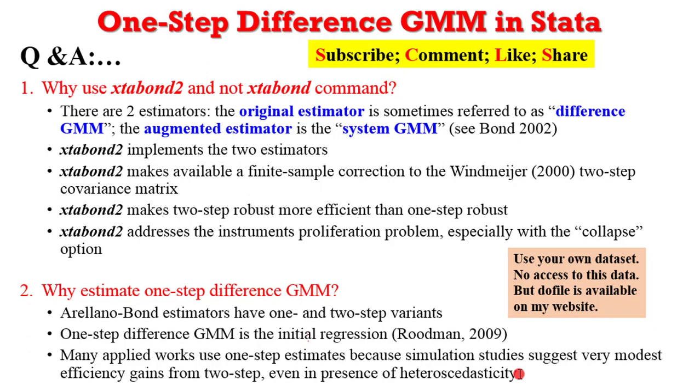So please know that the one-step difference GMM is still very relevant, as is the two-step GMM. You can go online to search for papers that used one-step difference GMM, and you will see several of them.